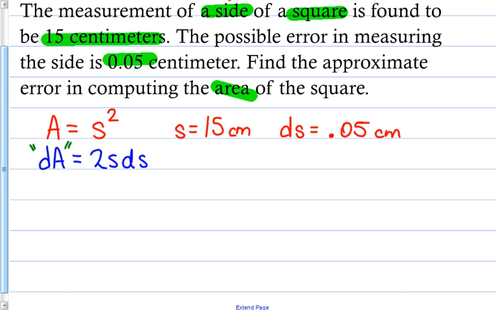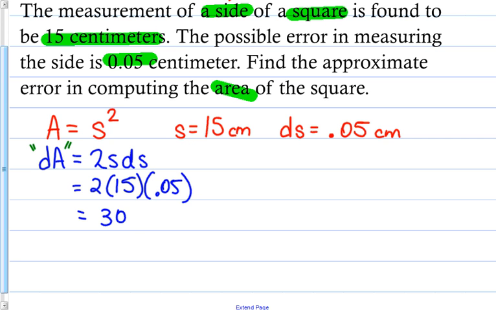I want to know what is the change in the area, the boo-boo, the error. So I'm looking for dA. So I need to plug in s and I need to plug in ds. So 2 times 15, because s is 15, times ds.